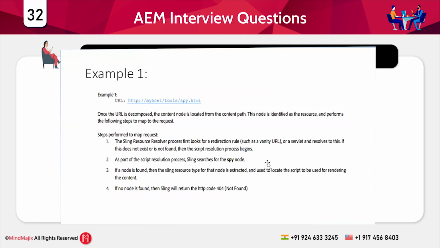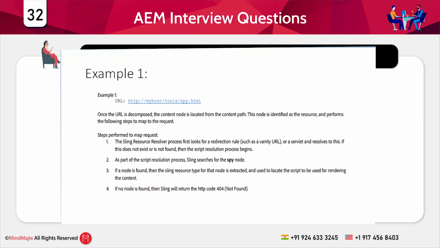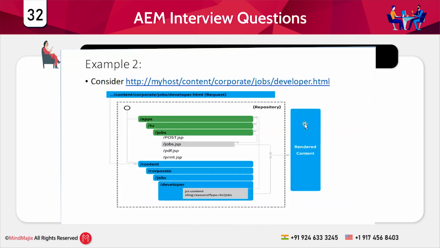And then what happens? Suppose this is my host, and then the HTML. One second. Suppose this is the structure in apps, HR, jobs. As soon as we create it, by default we get a JSP file generated with the same name as the node.